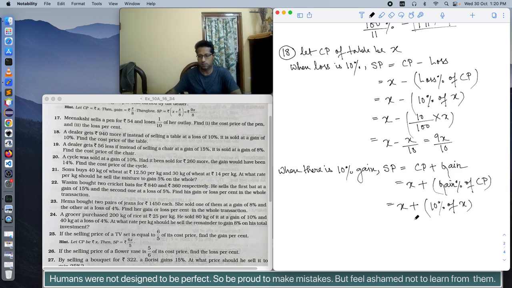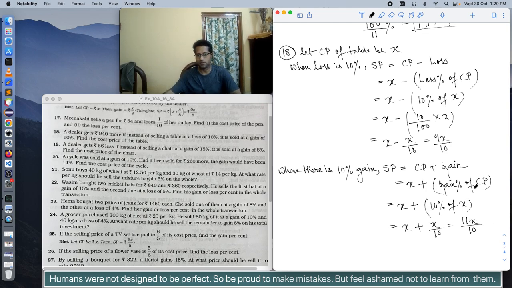This is equal to X plus 10% of X. We have seen earlier it is X by 10, which is equal to 11X by 10.